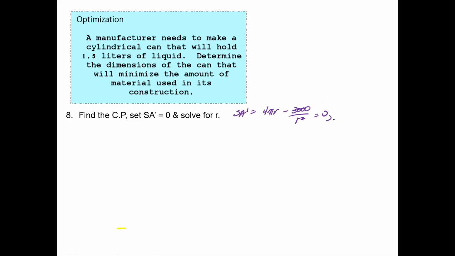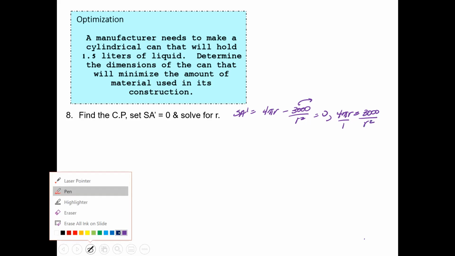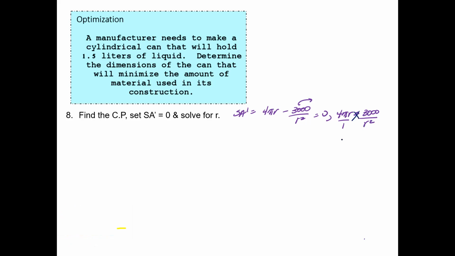Actually, I can subtract that over. Let's move this one over. If I do that, 4 pi r equals positive 3000 over r squared. There's a 1 right there, so we're going to go ahead and cross multiply. So I have 4 pi r to the third equals 3000.